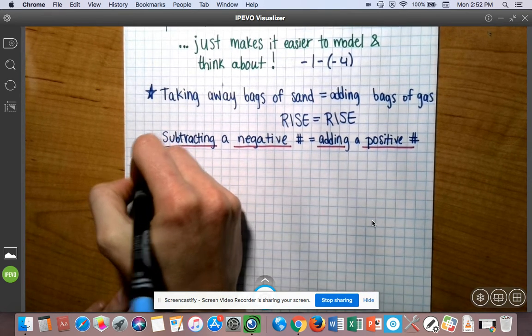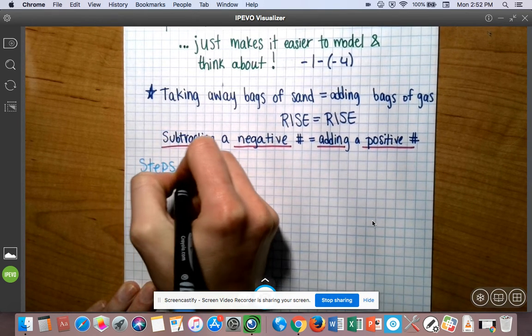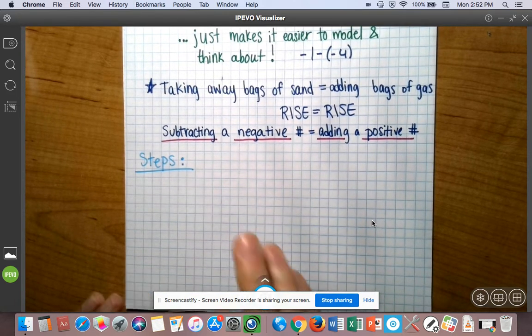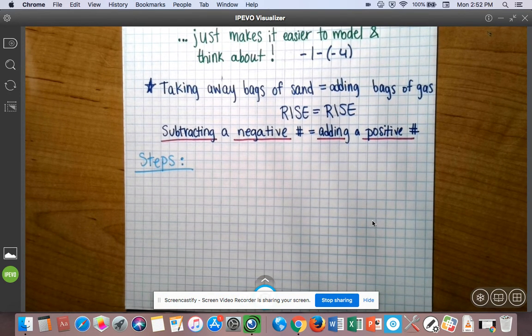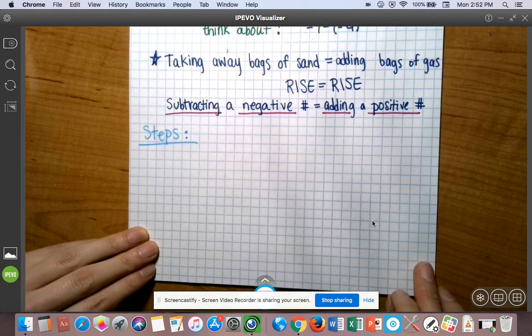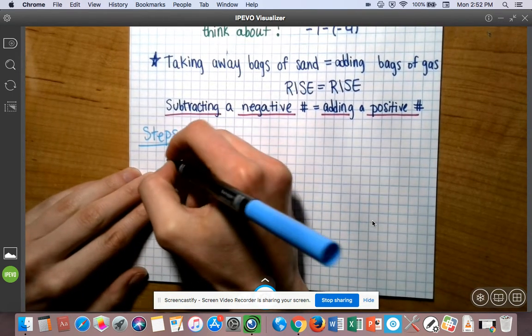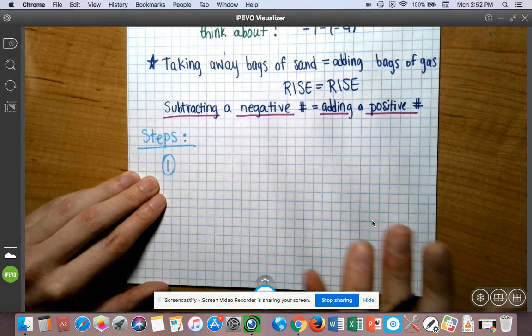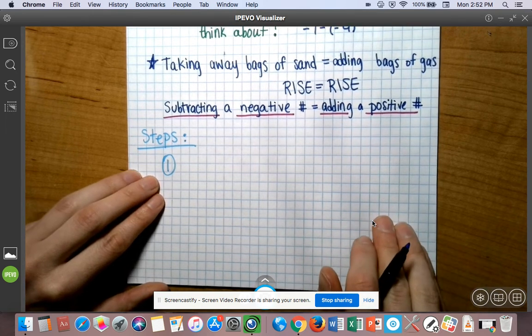If you have a notebook or you have a piece of paper that you've been doing problems on, or you have a folder, I would get that out and just write down these steps because these are the steps you're going to use when you add the opposite and when you do subtraction problems, basically from here on out. So the first step, and these steps will make a lot more sense when you actually see one of the problems I'm going to do with you.